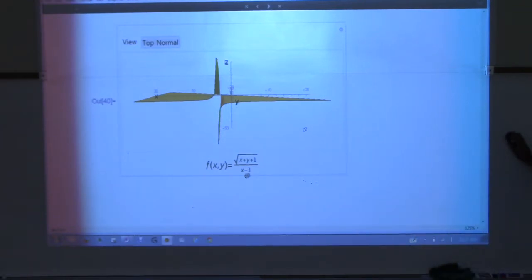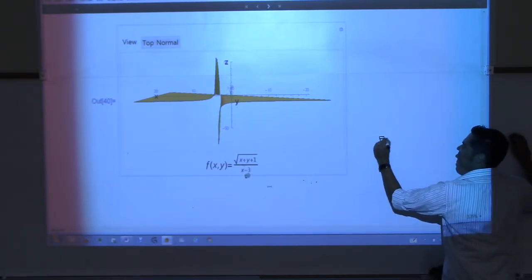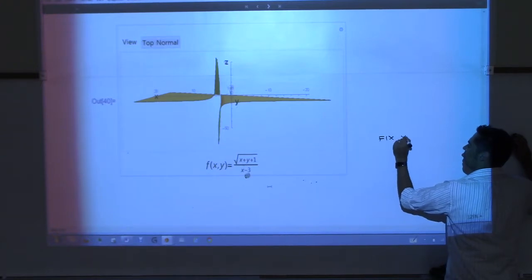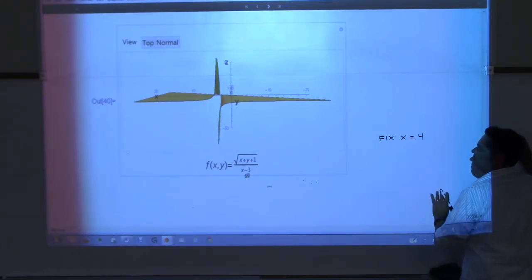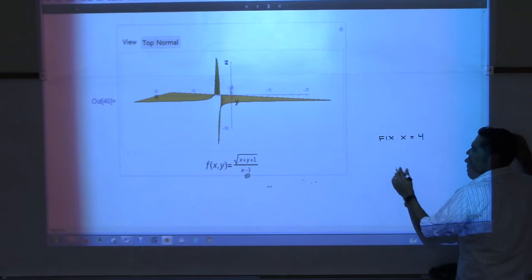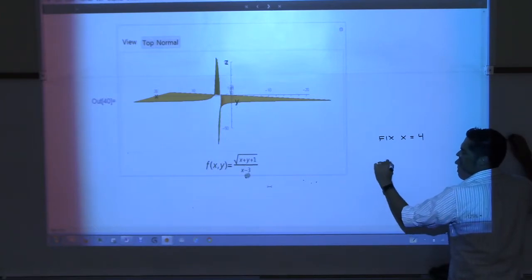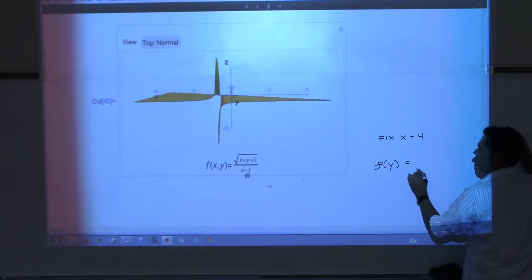In fact, here's the function, right? If you fix x to be, I'll do 4 again because it's convenient, doesn't this just really turn into this?